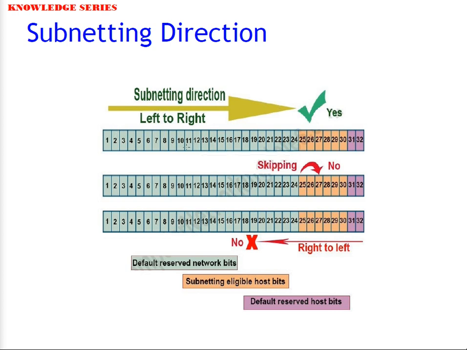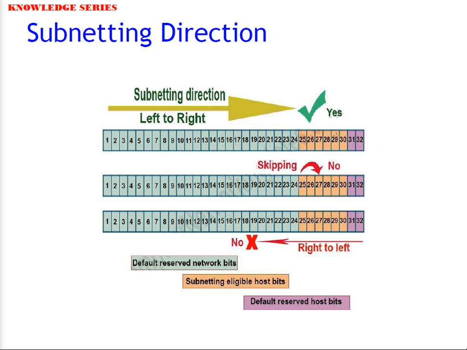Now another thing is, say you are considering a class C scenario. This is a class C. How many bits? 24 bits, that is 3 bytes occupied for the network, and the remaining 8 bits for the host ID.